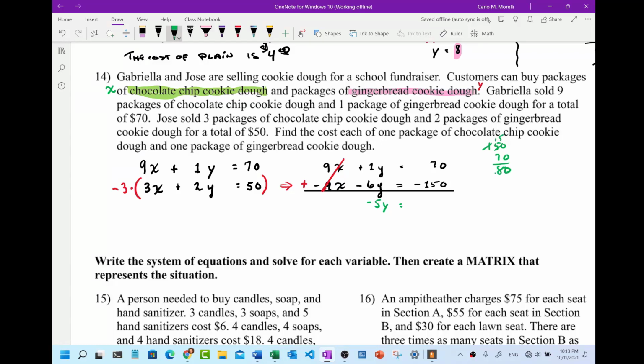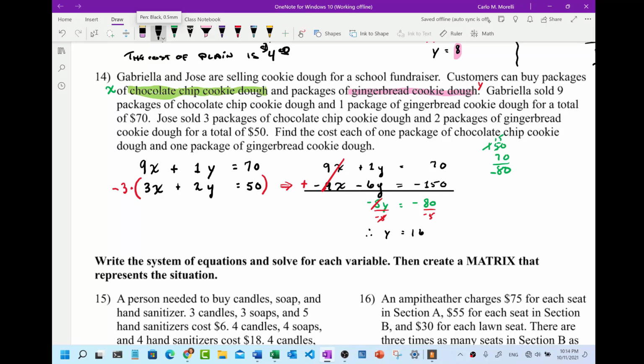Negative 80, right? So we put negative 5y equals negative 80. Now, divide both sides by negative 5. 5 goes into 8 one time with 3 as a remainder, so the next term would be 6, so you have 16. It's a negative over a negative, so the result is positive. Therefore, y equals 16.